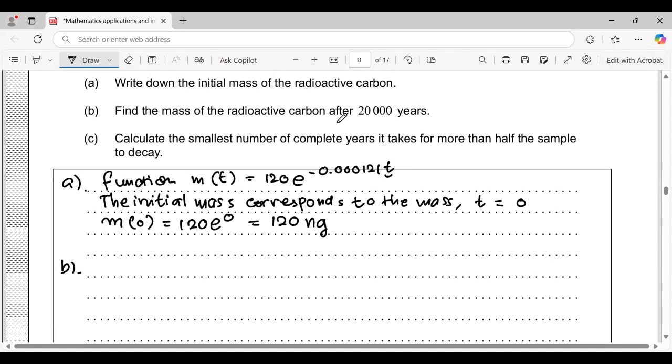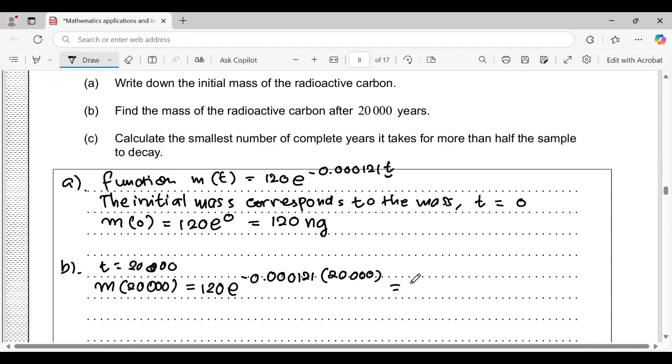B. Find the mass of radioactive carbon after 20,000 years. So when t equals 20,000, M(20,000) equals 120 times e to the power minus 0.0000121 times 20,000.